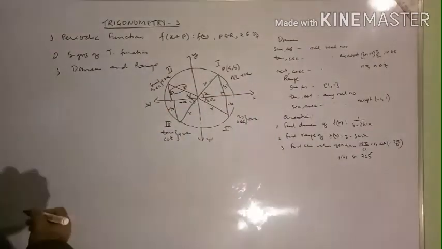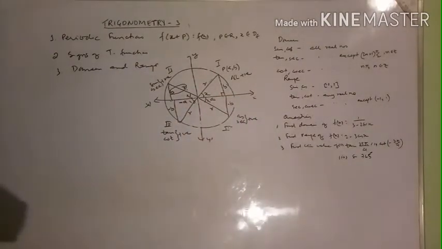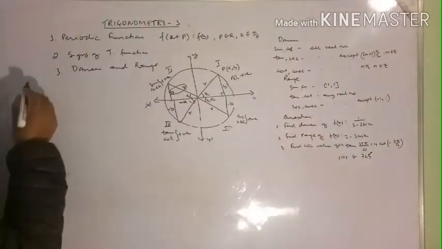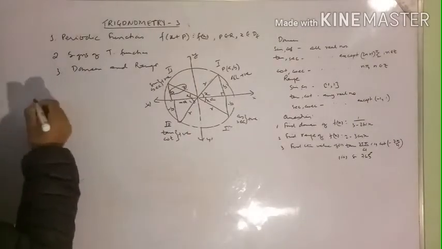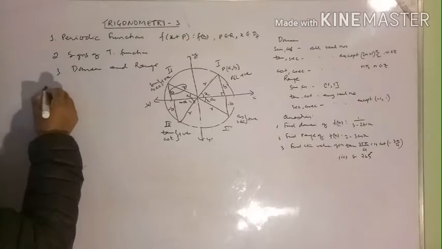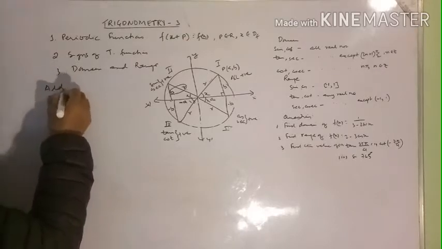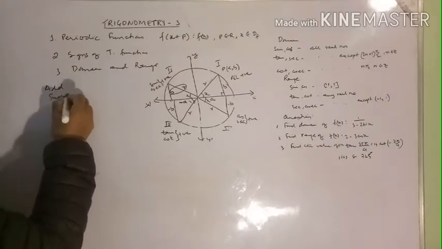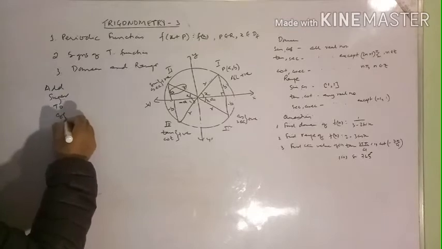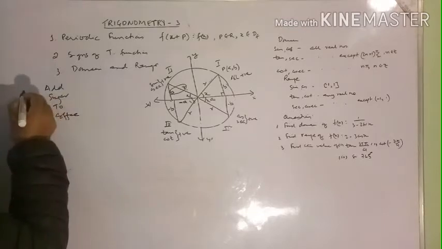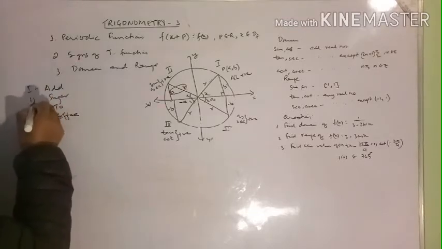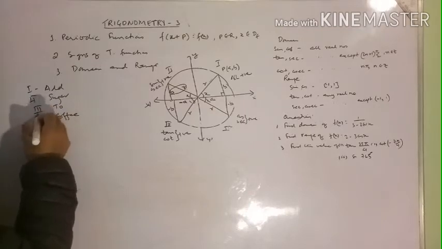Okay, how to remember this sign rule now? Okay, so just remember, add sugar to coffee. This is first quadrant, this is second quadrant, this is third quadrant, this is fourth quadrant.